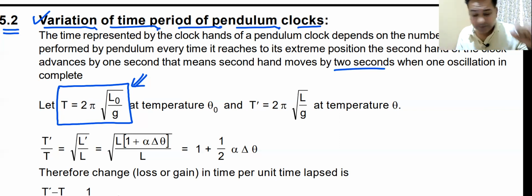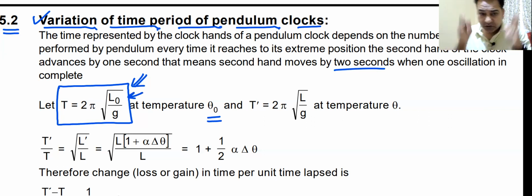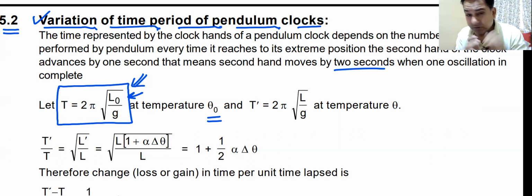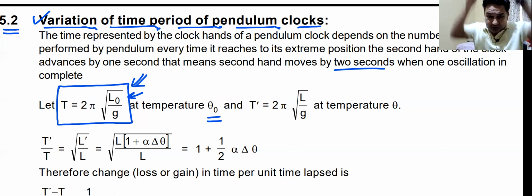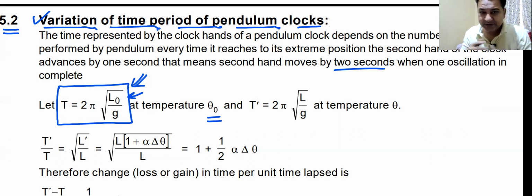Now, the time period of a pendulum clock is 2 pi root over L by G. It is calibrated at a particular temperature theta naught, and therefore it is written as L naught. It will only give correct time at that temperature on which it is calibrated, because the longer the pendulum, the more is the length.